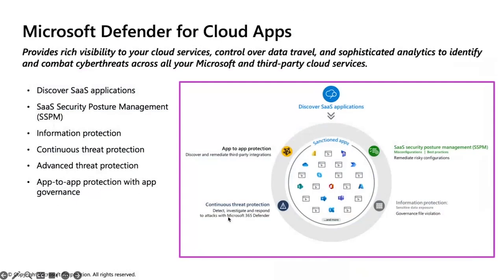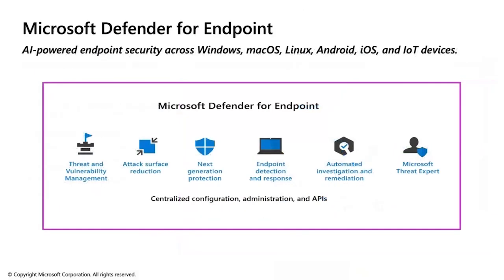You can decide what you want to control with Microsoft Defender for Cloud Apps policies that you can create. So this is a great tool, a great Defender option, especially for SaaS applications. And next, we have Microsoft Defender for Endpoint.